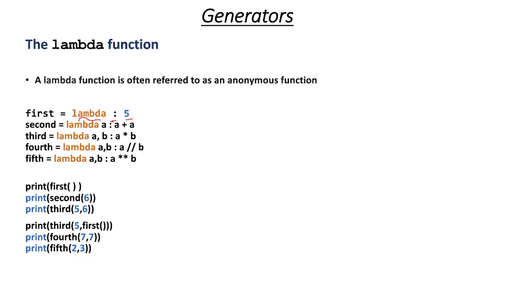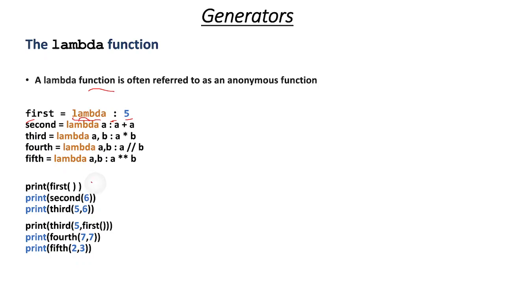A Lambda function is often referred to as an anonymous function. If we do not assign the Lambda function to a variable, it can be regarded as an anonymous function. However, it's mandatory to assign it to a variable. By doing so, we are able to invoke the Lambda function.